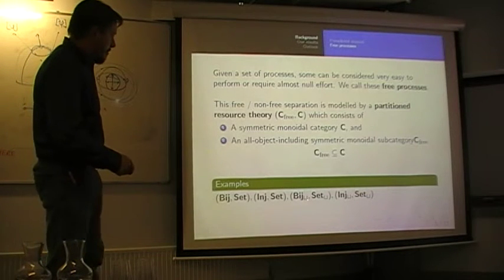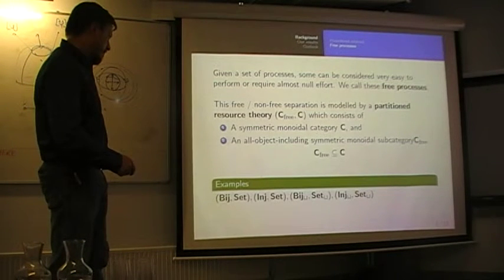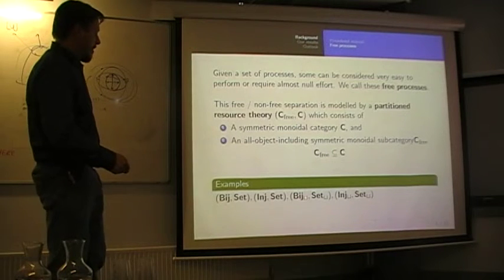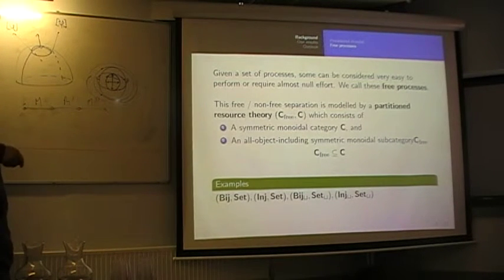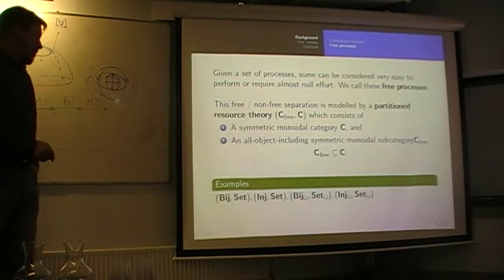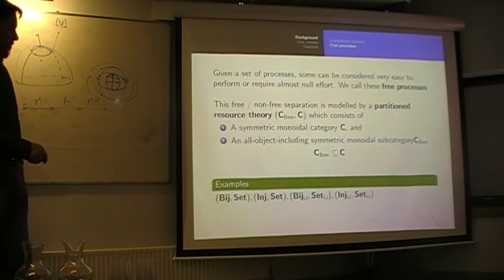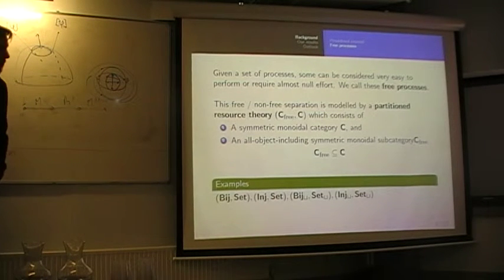I write here this cup to say that the categorical tensor is the disjoint union, as opposed to these ones where it is the Cartesian product.